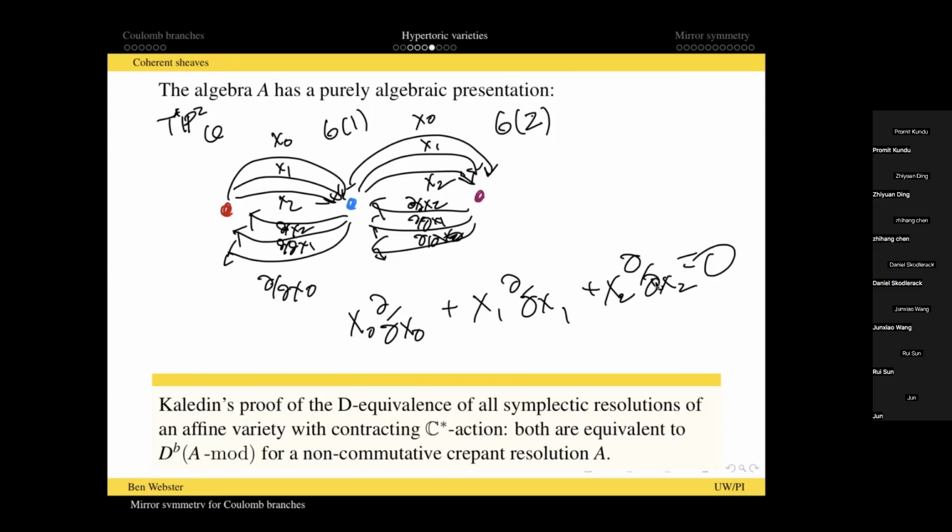Somehow Coulomb has this amazing trick for producing tilting generators when you have a symplectic resolution of something affine. I see. And it just won't work. I think it won't work on a K3. I haven't checked myself.